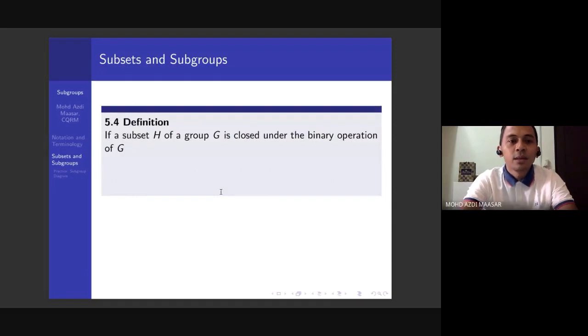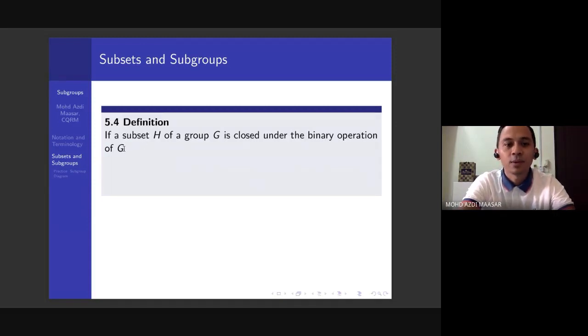Now we define our subgroup. Formally, we consider a subset of a group G. So you have a group G, and take a subset H of the group G. If the subset is closed under the binary operation of G, it means that I take the elements in there and operate them under the binary operation of G, and it is still closed.